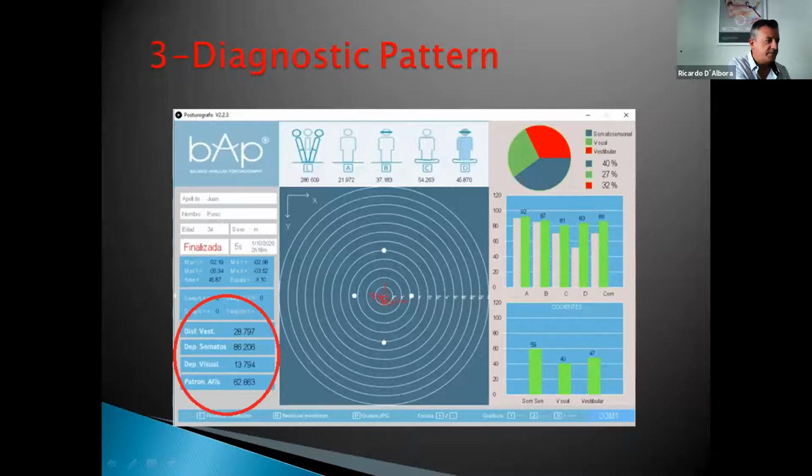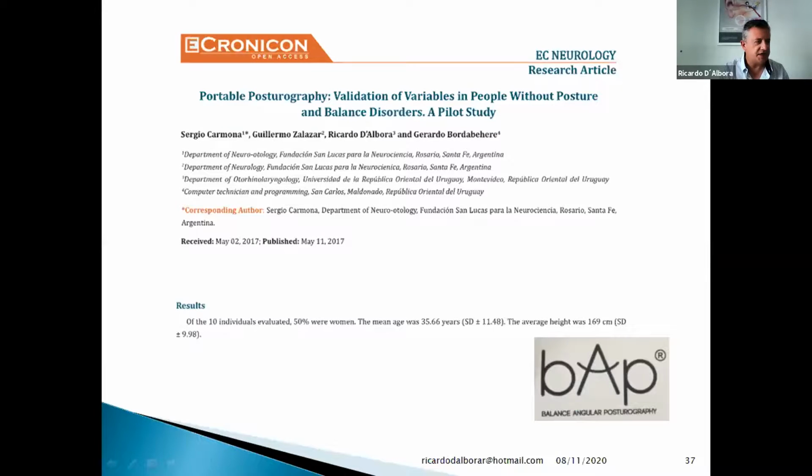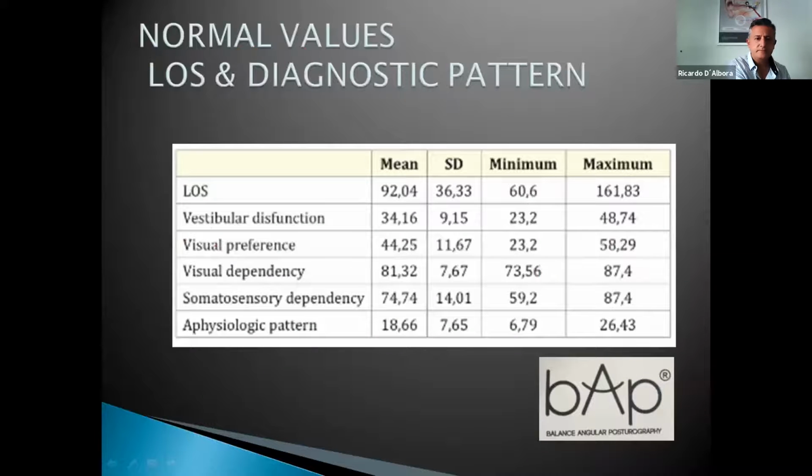In this image or slide, we can see at the back screen all the different diagnoses. The validation study defined the normal values for these different diagnoses. In this image, we can see the normal values for different diagnoses.